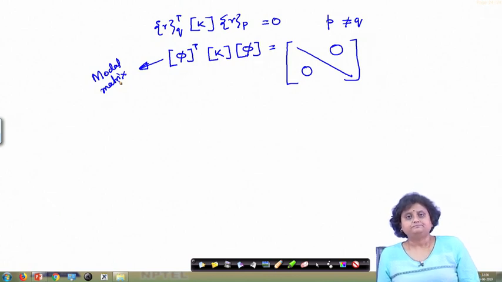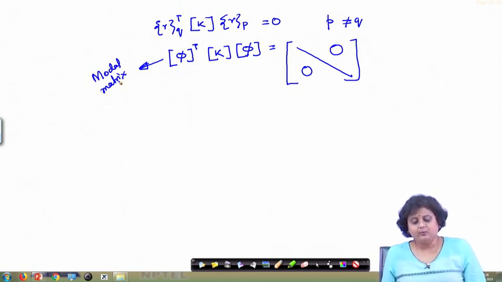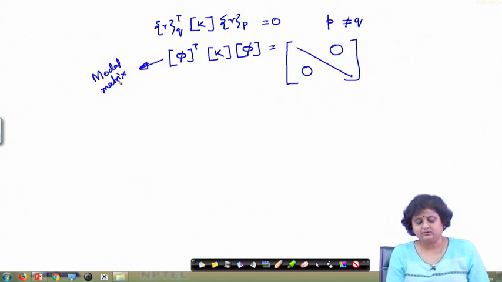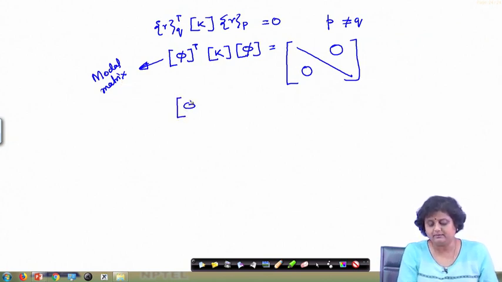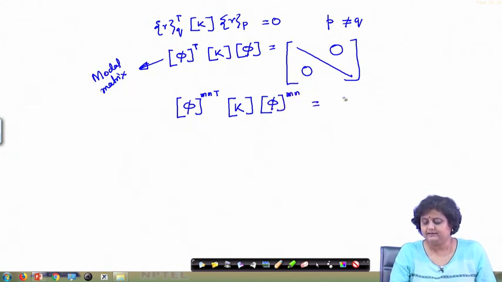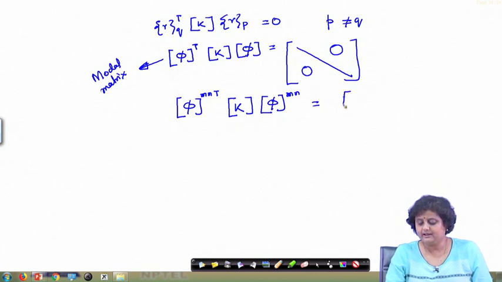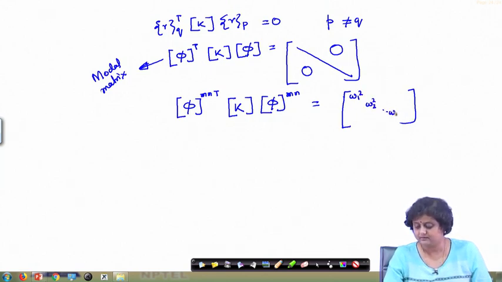Okay. So, if we write out the same equation with the mass normalized modal matrix, then this is going to be a diagonal matrix with the diagonal terms being the square of the natural frequency.